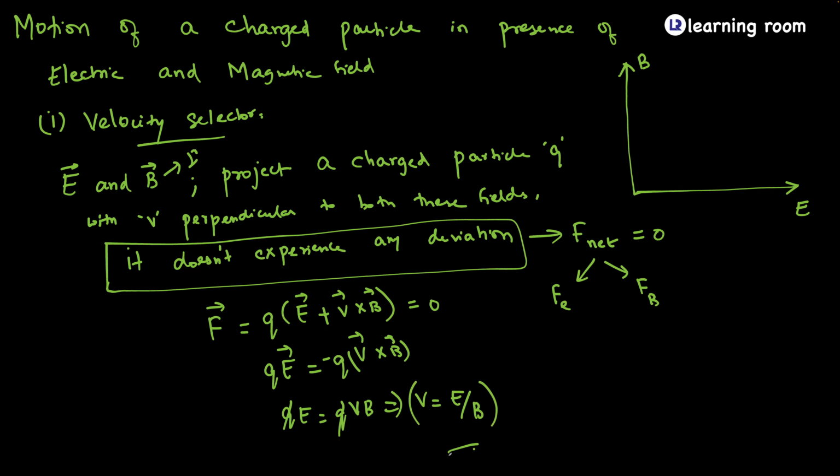So whenever you have a situation where the electric field and magnetic field are perpendicular to each other and you project a charged particle also perpendicular to them, then the charged particle will travel undeviated. That is, it will not experience any net force on it. In what scenario? When you project it with a velocity v equal to E by B, and that velocity v is what is called the velocity selector. Is that point clear? Just make a note of it.